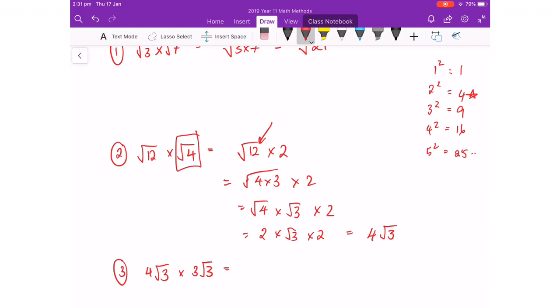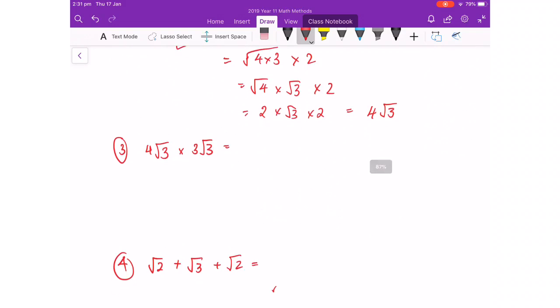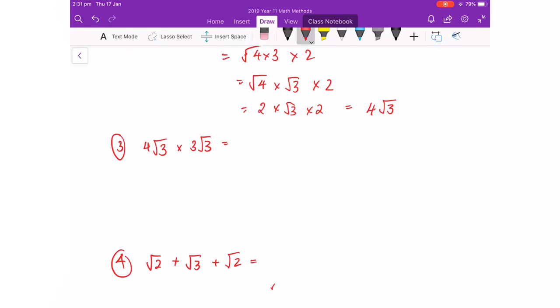All right. So just like that, let's do another one. So this one here now, I'm dealing with a few different things. First of all, I've got this, which I can actually break down. So this is 4 times root 3 times 3 times root 3. Just keep that in mind. One of our surd laws is that if you're multiplying a root of the same number, that just forms a whole number.